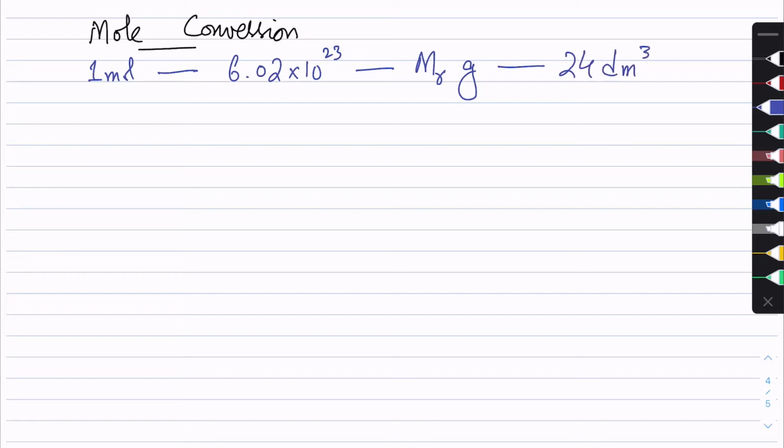So that's the idea. You have 1 mole of anything, it will have 6.02 into 10 power 23 individual particles. You group them up, you call it 1 mole. If you weigh it, that's Mr grams, and if you boil it and get the volume of that thing, that's going to be 24 dm cube. All right, so that is what it is.